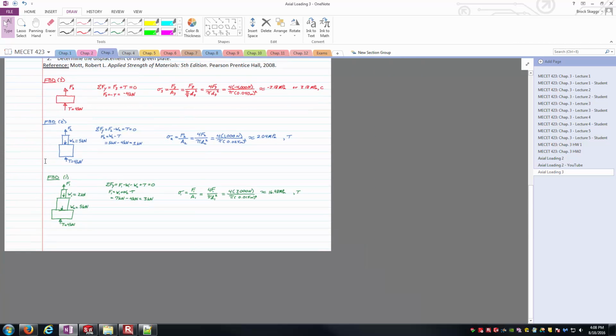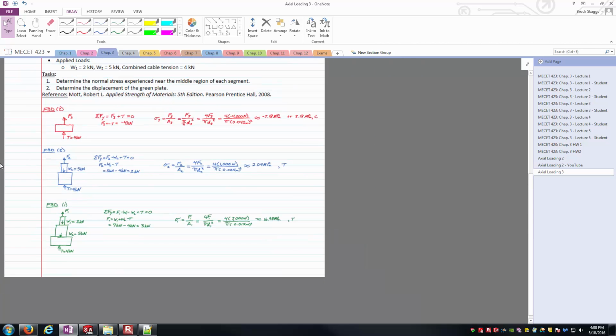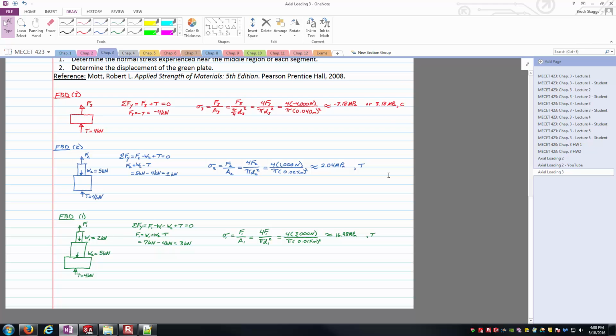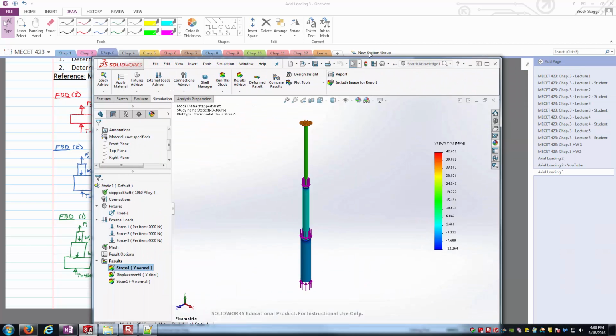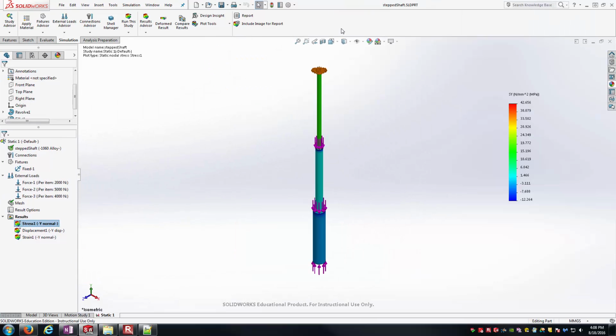So at this point, with those three basically lines of work, I've got the normal stress in the first, second, and third working from the bottom up here. And one thing we can also do is do this with some software. And so here I'll just pull over my SolidWorks simulation of this problem.